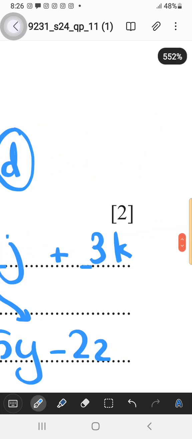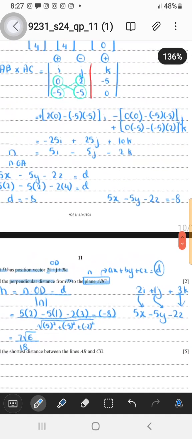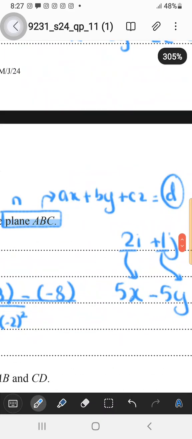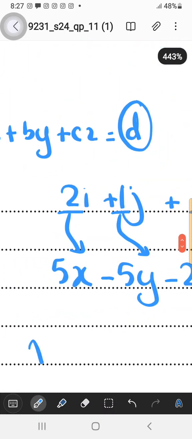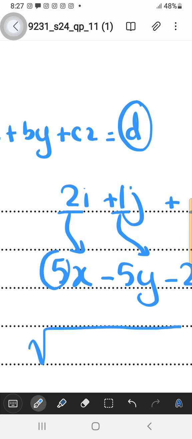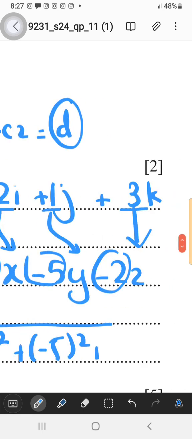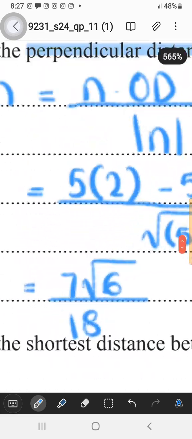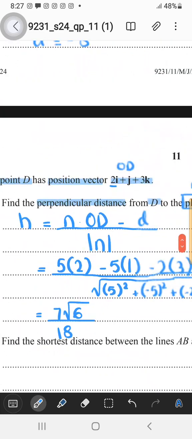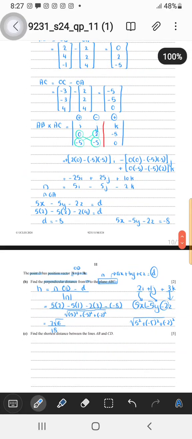What is the number with k? Here is 3. So we will insert this 3 instead of z, and we will get our numerator. Then to find the denominator, we take an under root, square this number, square this, and square this. So we will get the denominator, and then we will calculate using the calculator. So we will get 7 under root 6 upon 18. I hope you get my point.